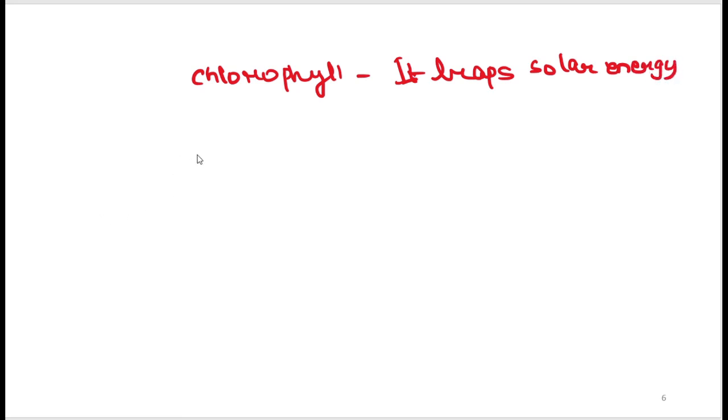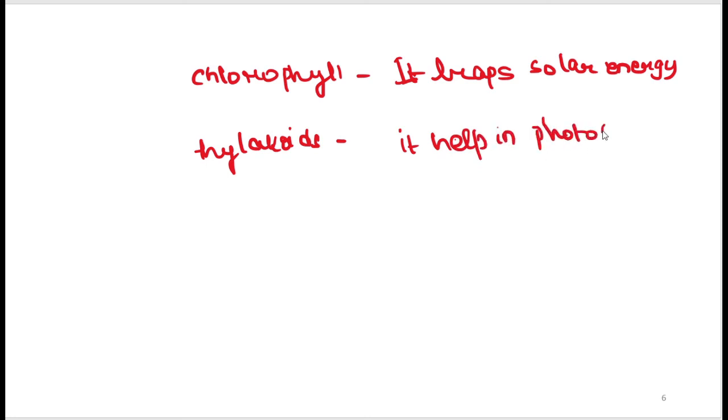The next thing we studied was thylakoid. It is located in the chloroplast and it helps in photosynthesis. How does this thylakoid help in photosynthesis? What is its role in the process of photosynthesis? I will discuss this in my next lecture.